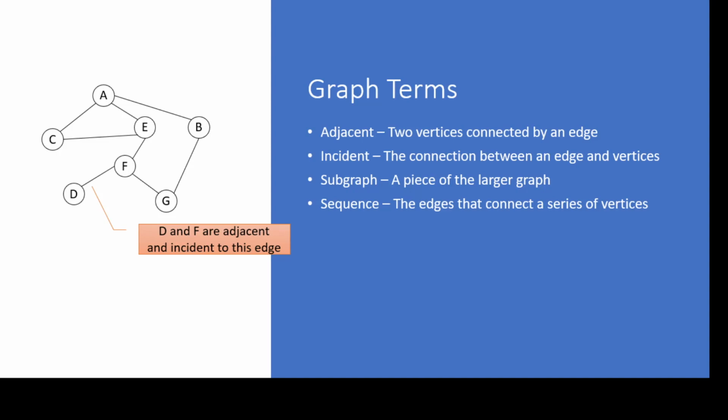The other concept we can talk about here is the idea of a subgraph, which is some smaller set. In this case, you can see a few of these lines have turned purple inside of here.